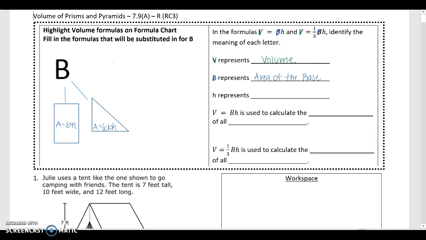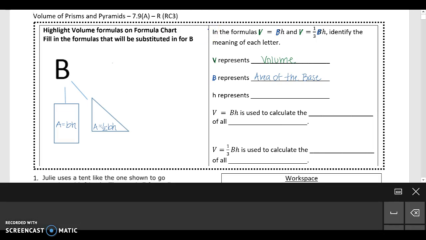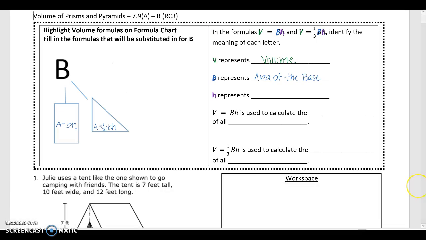Okay, and like we said, either the bases that we deal with are rectangles or triangles. And then we have H, and H represents height, but it represents either the height of the prism or pyramid. All right, so we're not talking about height of the base. We're talking about height of the prism or pyramid.